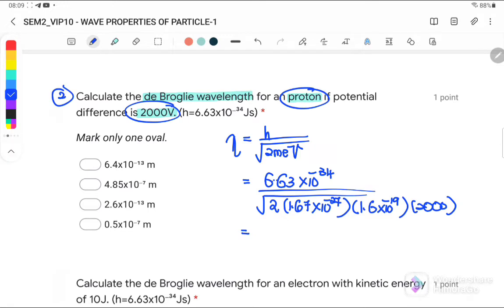Therefore, the de Broglie wavelength for a proton is equal to 6.4 exponent negative 13 meter. So the answer is A.